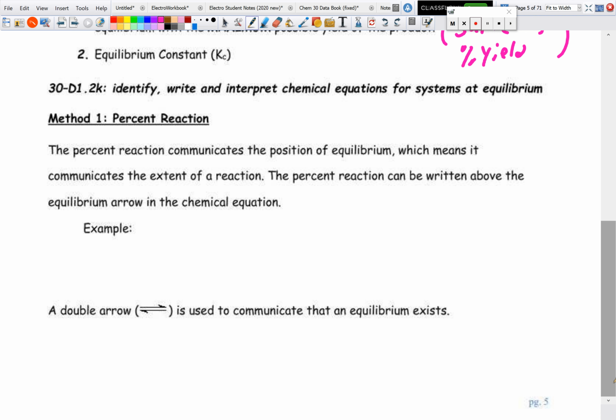So for percent reaction, it communicates the position of equilibrium, so just meaning how much product's being formed, which means it communicates the extent of the reaction. So the percent reaction can be written above the arrow in a chemical reaction.